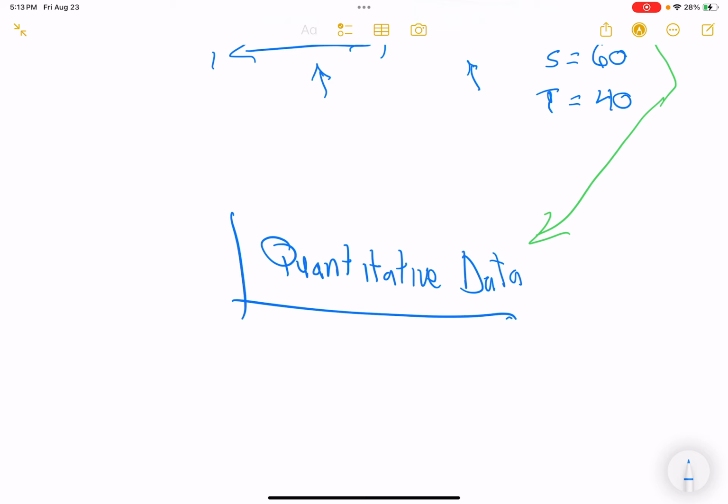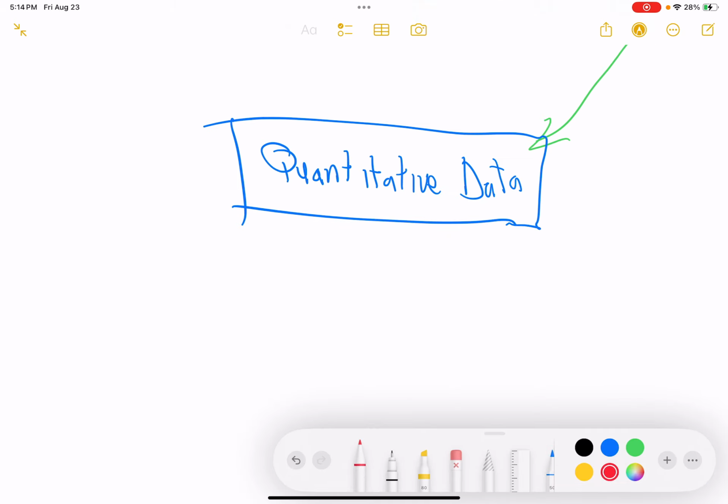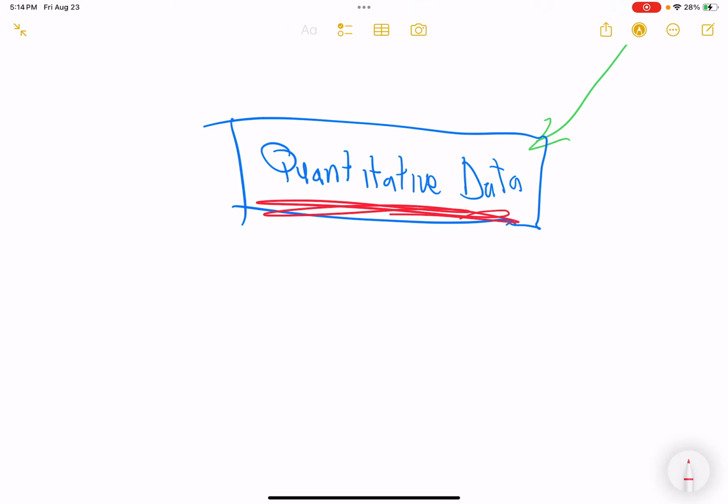Now, the quantitative data section that I'm going to go through with you today, we're going to do a bit of a cursory look through, and then we're going to do a lot more when we move into next session's videos and also classwork. But for now, here are the things you should know, because this is big for the upcoming mini quiz. Okay, quantitative data is numerical data. Not only numerical data, but as we know, numerical data that you can do algebra with.